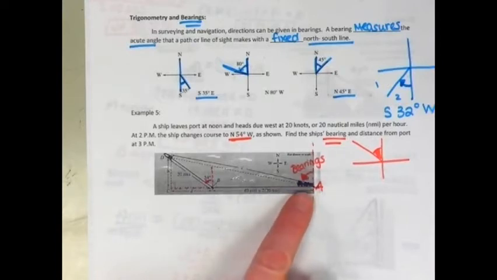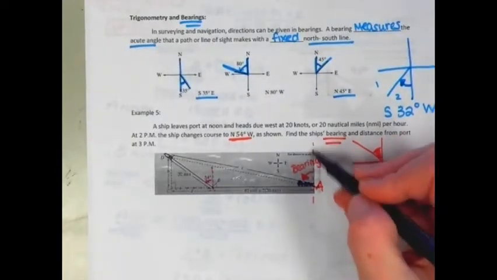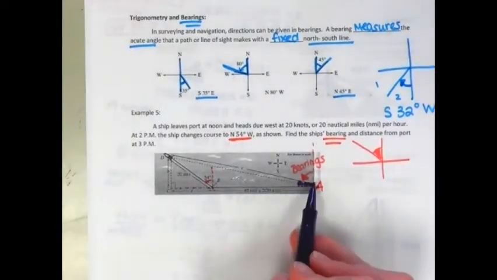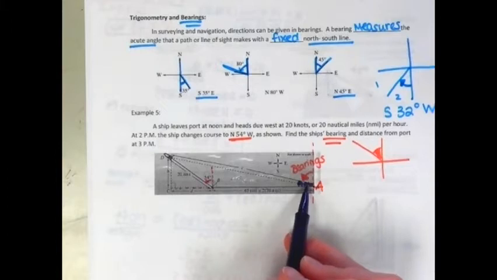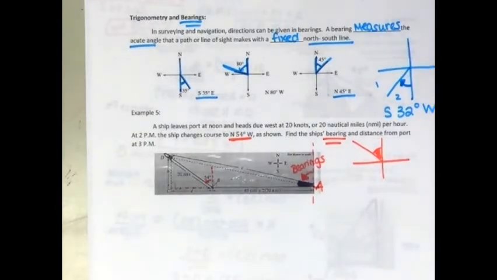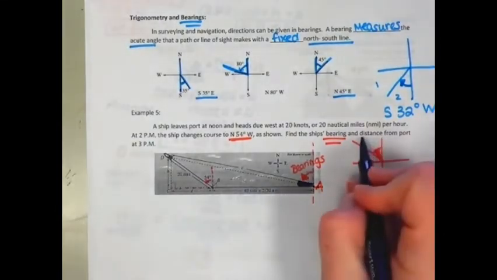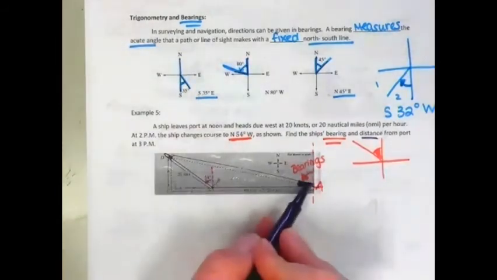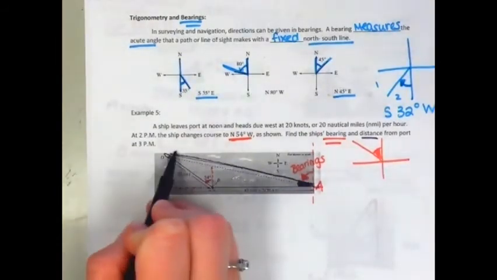And if I know this angle, could I then find the bearings? We should, right? Why? Because from the north to the west, what angle is formed? A right angle. So could I take 90 minus whatever this is to be able to find my bearings? Yes. The distance from the port is going to be C.